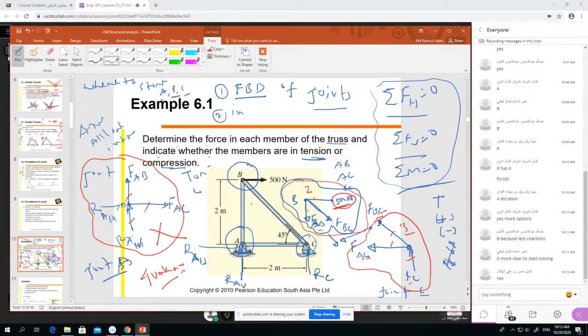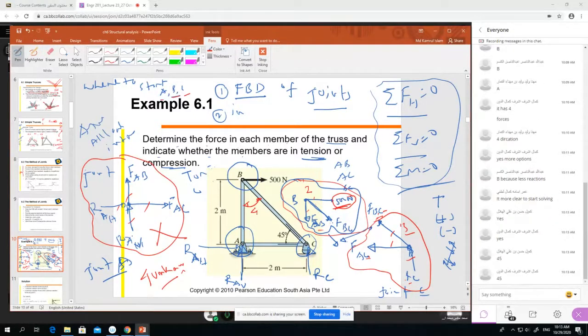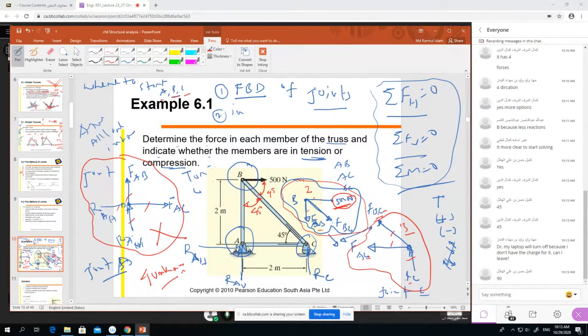Yes. Now you tell me, what is this angle? How much is this angle? 45 degrees, correct? And this angle? Easy, very easy. Tell me. This angle is also 45 degrees. Sorry, no. Altogether 90 degrees, but this angle is 45 degrees.